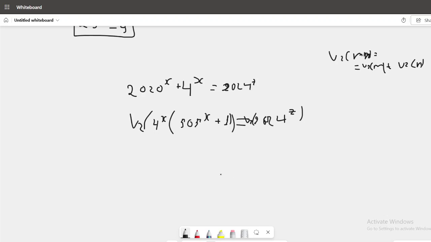Which means 2x plus 1. Why 1? Because 505 is congruent to 1 mod 4.